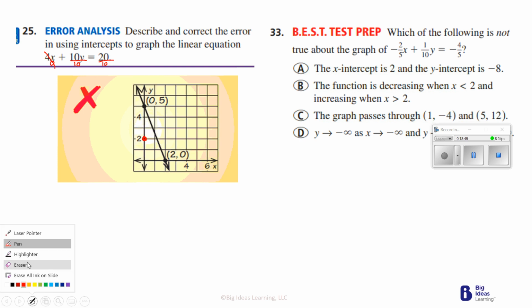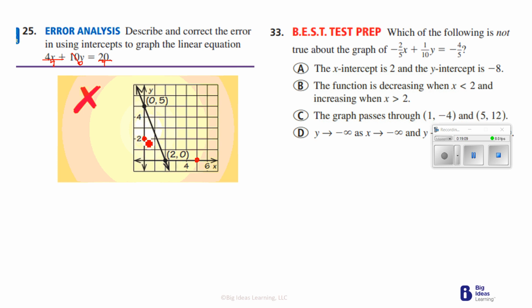Let's find out what happens to x. Well, if y is 0, that cancels this out. And then we have to divide by 4, which means we divide 20 by 4. 20 divided by 4 is 5, which means x is going to equal 5. So I see what they did wrong here. They put the y at 5 and x at 2.